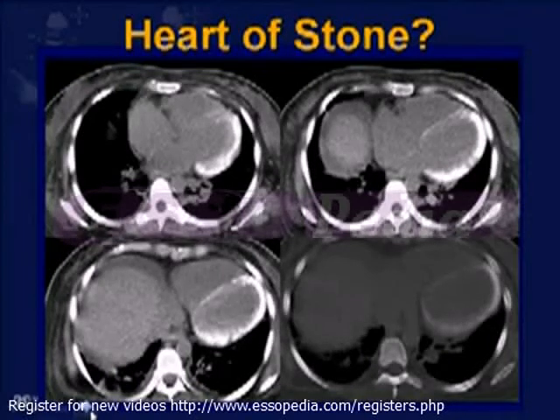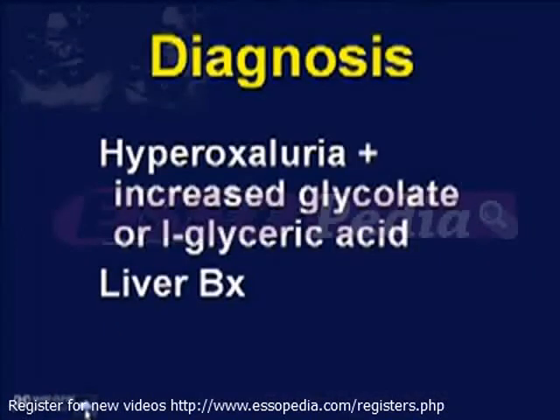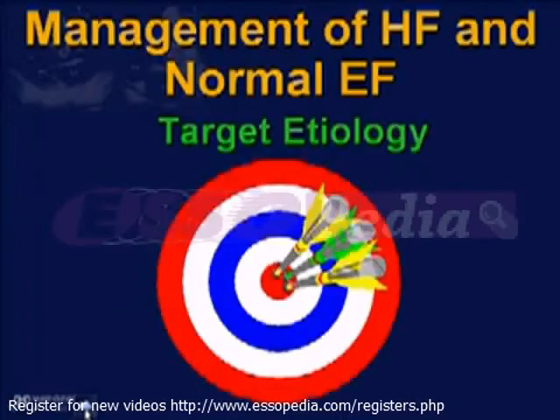One of my colleagues had labeled this a heart of stone. As we see in this image, the deposition of these crystals within the myocardium gives it the appearance of stone. The diagnosis is through presence of hyperoxaluria and a liver biopsy.